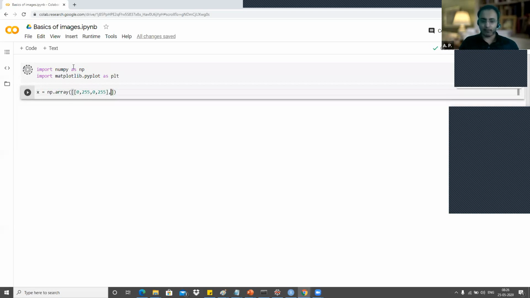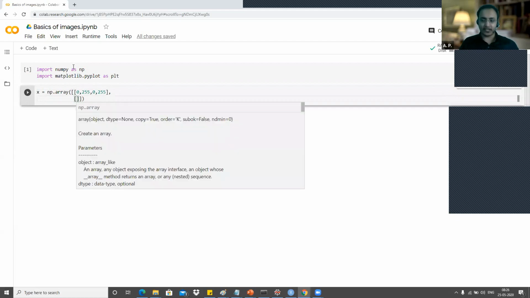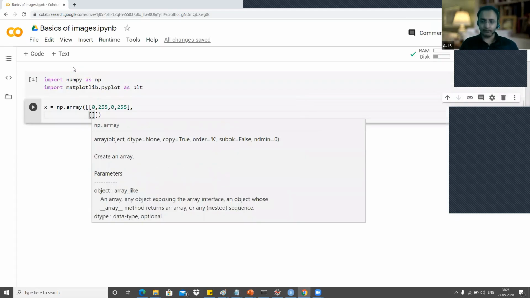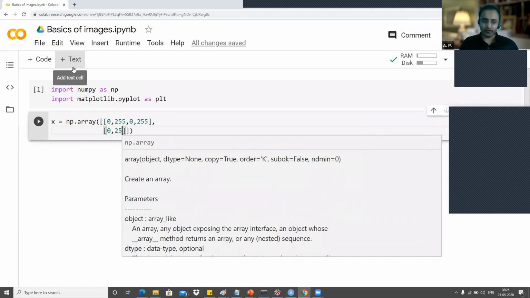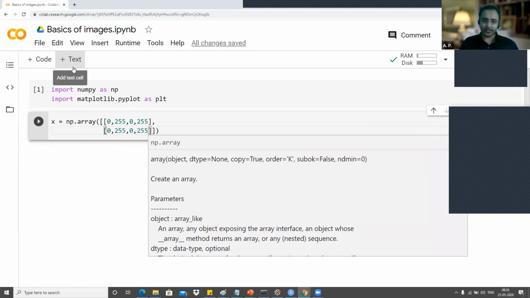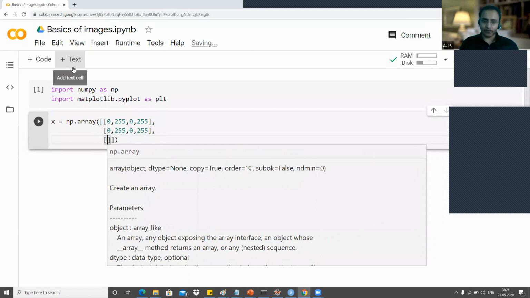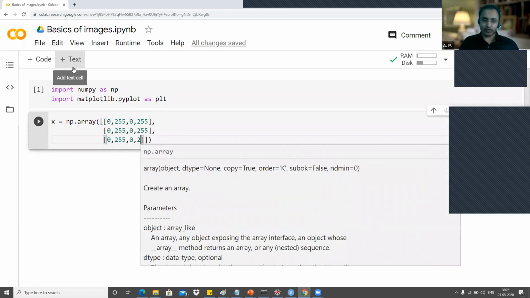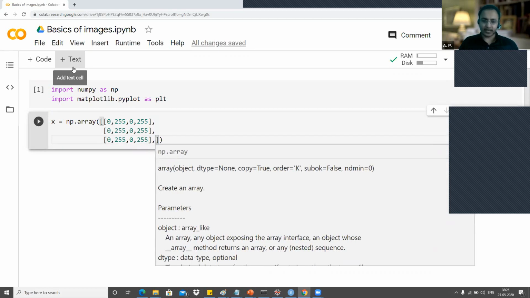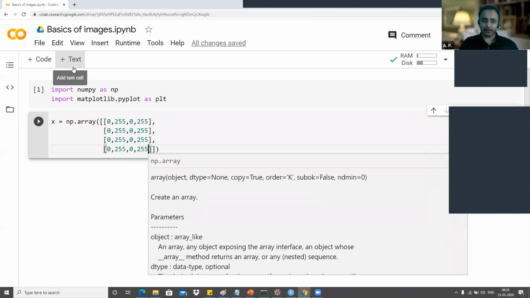As we know, pixels are composed of values of 8-bit size, and in 8-bit size we can have values between 0 to 255, right? So I have 0, 255, 0, 255, 0, 255, let's say, and again another row of data 0, 255, 0, 255, and maybe another row of data which is 0, 255, 0, 255.